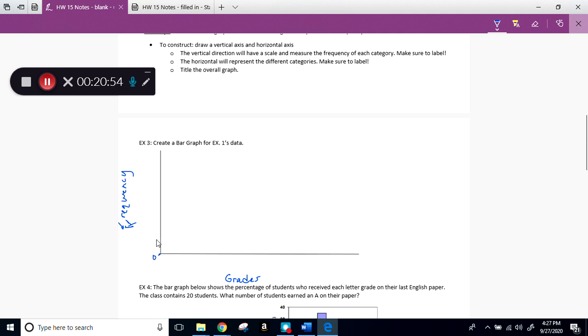And we can actually make marks going up: 1, 2, 3, 4, 5, 6, 7. We want to at least go up one more than the highest one, 8. Maybe even a little bit more. And then grades: we would have A, B, C, D. We don't have an E. F.